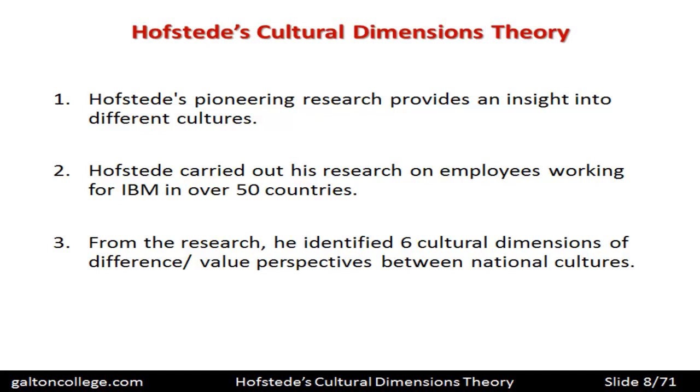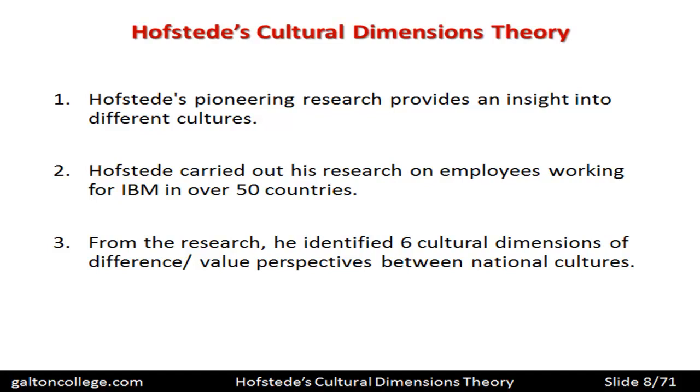So what Hofstede did was he managed to explain cultural dimensions in terms of differences between one culture and the next, and then he was able to classify these differences under 6 headings. These are the 6 cultural dimensions of difference or value perspectives.